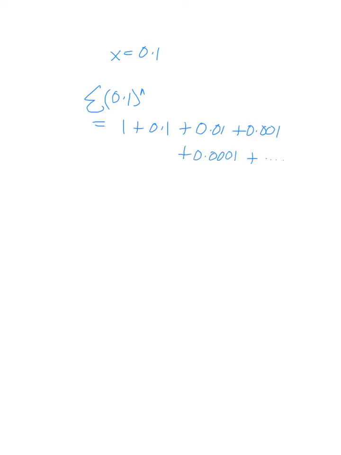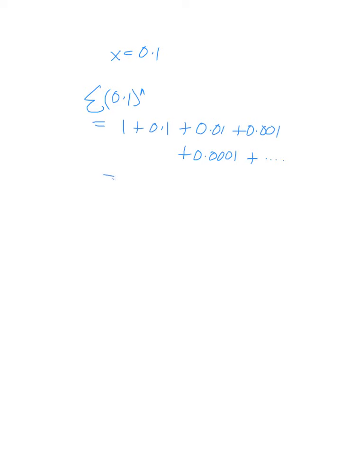And I think it's also worth talking about just the case x equals 0.1. The series 0.1 to the nth power is also known as 1 plus 0.1 plus 0.01 plus 0.001 plus 0.0001 plus everything in between.